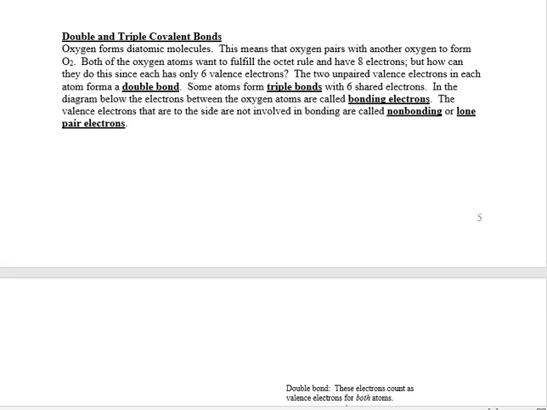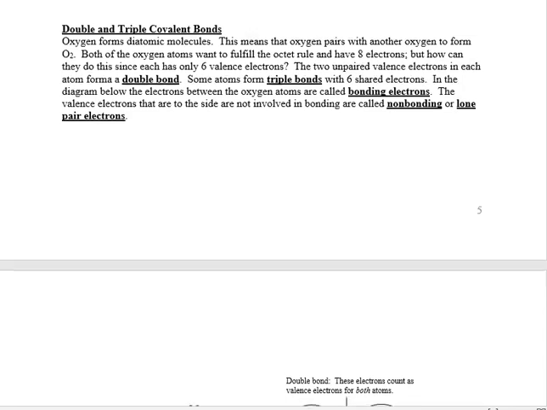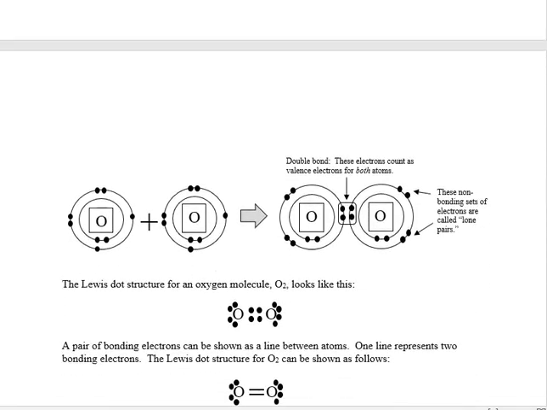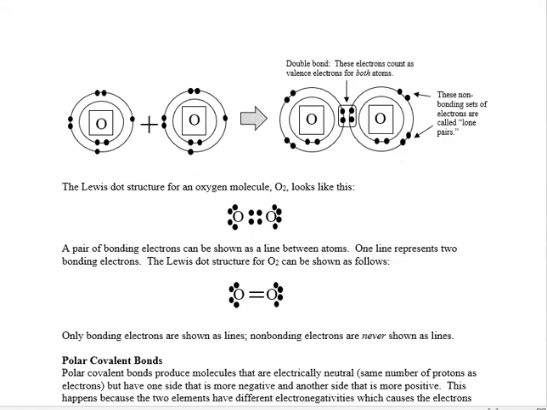In the diagram below, the electrons between the oxygen atoms are called bonding electrons. The valence electrons that are to the side and are not involved in bonding are called non-bonding or lone pair electrons. So let's go down and take a look at that. So there's oxygen. You can see that the separate oxygen atoms have 6 valence electrons each.